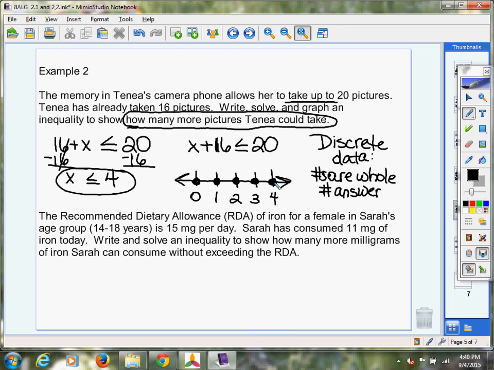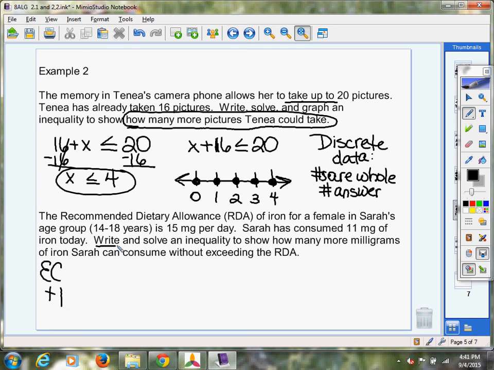Now, I hope I explained myself well. I think you probably got the equation down pat. You know how to solve the one-step equations. The graph may have been the thing that was a little tricky, okay? So I want you guys to try this one all by yourself. I'm going to give you extra credit points. You need to do 3 things for me, okay?